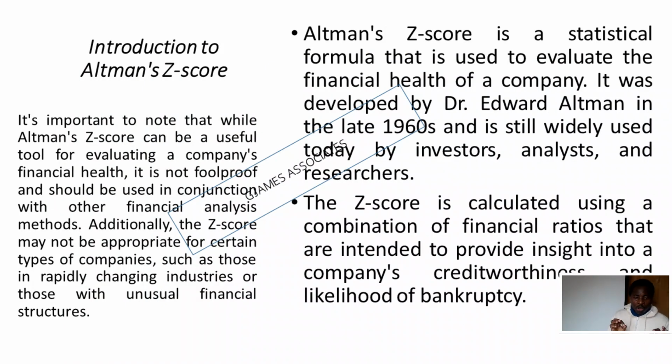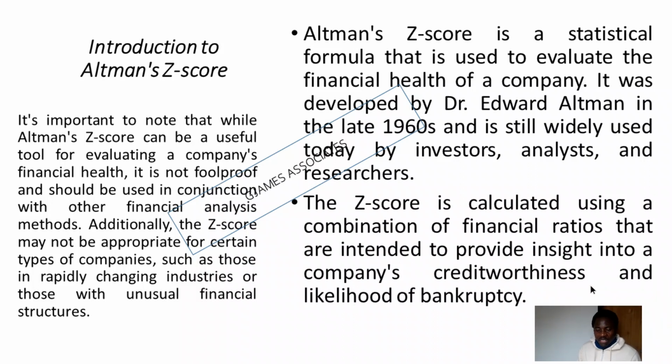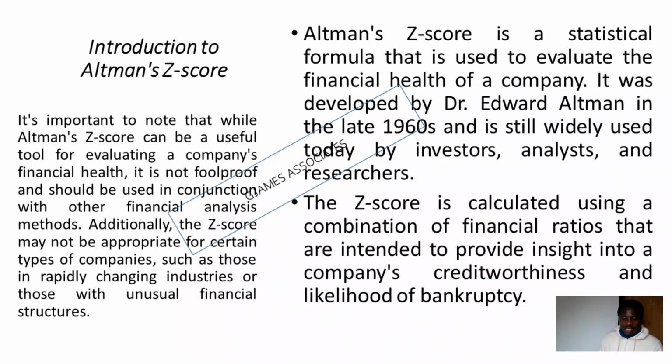So Altman's Z score, as popularly called, basically was for the 3 categories of manufacturing outfits. This information I will not give because of our time. We don't have time to waste and it is outside the scope of this examination. But basically, things that we need to know are these. 1, it is used for credit worthiness determination of an organization and the likelihood of bankruptcy.